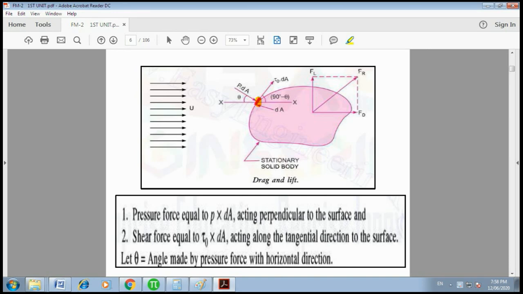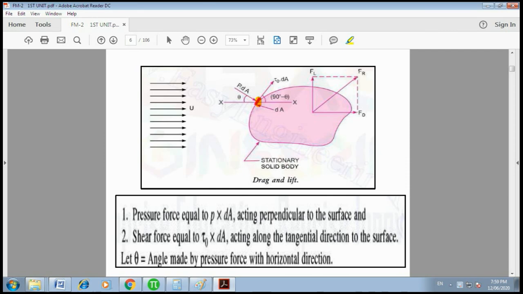Its magnitude is tau 0 into dA, where tau 0 is the intensity of shear force. The pressure force is P into dA, pressure intensity into area, and its unit will be Newton, or whatever unit of force is there.